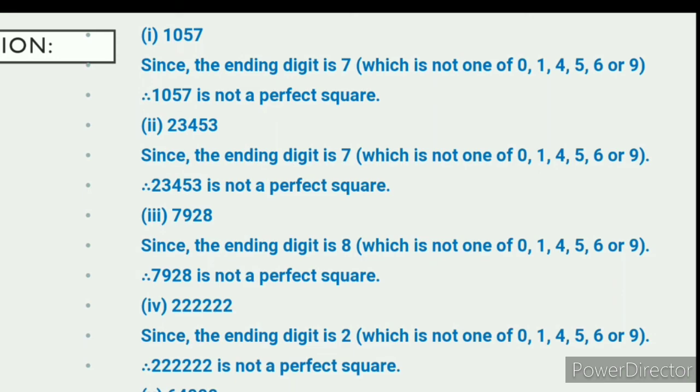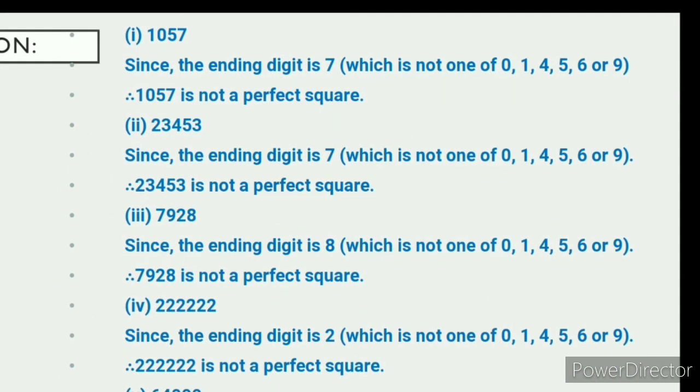Understand, children? Learn these digits by heart: 0, 1, 4, 5, 6, 9. Also, 0 should occur an even number of times, 00, 2 zeros, 4 zeros, 6 zeros, only those. An odd number of zeros is not a perfect square. You should observe that also.